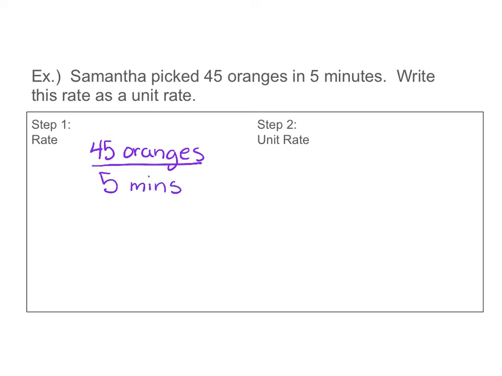All right, so the next step is we have to find the unit rate. And remember, the unit rate means that it has a 1 on the denominator. So that means I have to get this equal to, instead of 5 minutes, how many oranges she can pick in 1 minute.